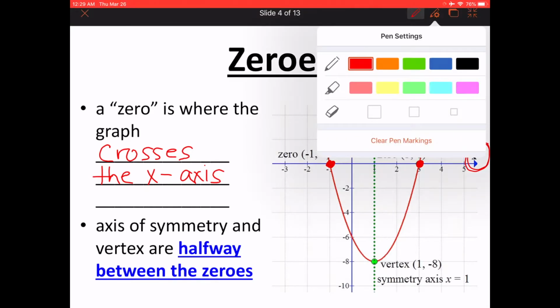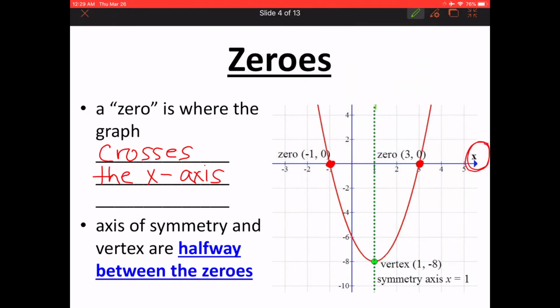And look at my axis of symmetry. It is right in between those zeros, perfectly halfway through. I go 2 units to the right, and I'm at (1, 0), and I go 2 units to the left, and I'm at another zero. So I have zeros on the two extremes of the x-axis, and my axis of symmetry right in the middle. And notice my axis of symmetry also goes right through that vertex.